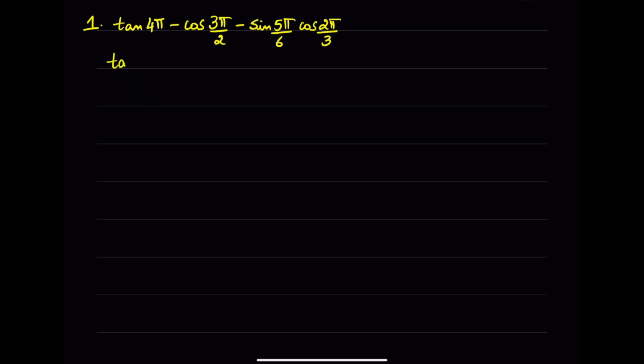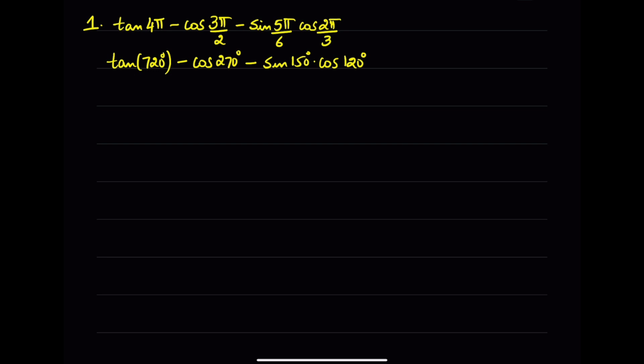So tan of 4 pi is tan of 720, because pi is equal to 180 degrees, minus cos of 3 times pi by 2, which is 3 times 90, which is 270 degrees, minus sine of 5 pi by 6, which is 5 times 30 degrees, which is 150, and cos of 2 times pi by 3, which is 2 times 60 degrees, cos of 120.